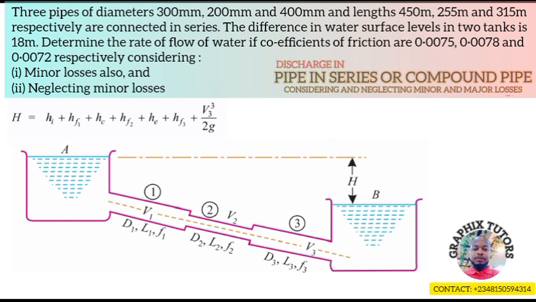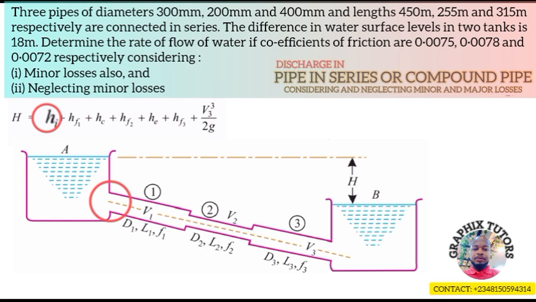Now you need to understand what the statement means. This is a bigger tank, right? At tank A. Now the entrance to the pipe is in tank A. That is why we say head loss at the entrance, because when you're moving from a bigger reservoir or a bigger tank to a smaller pipe, there will always be a head loss. So in this case, since it's the beginning of the pipe, we say head loss at the entrance.